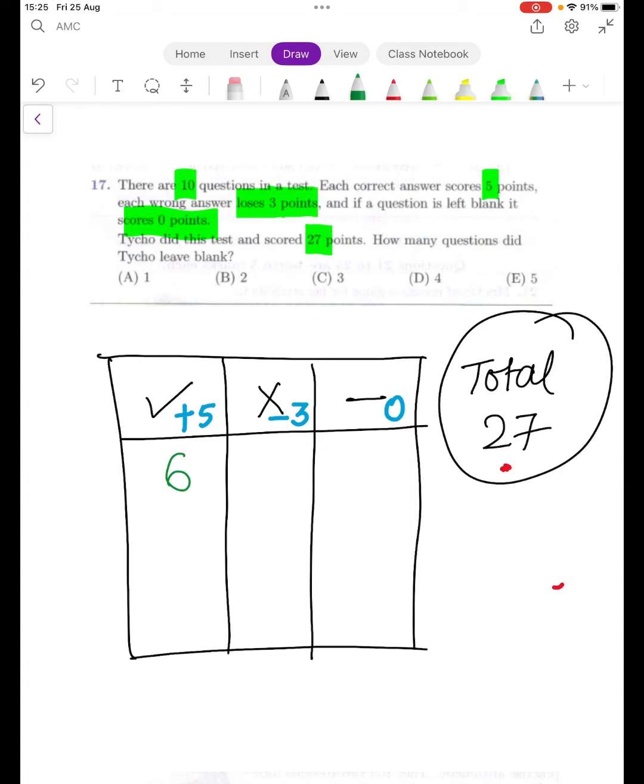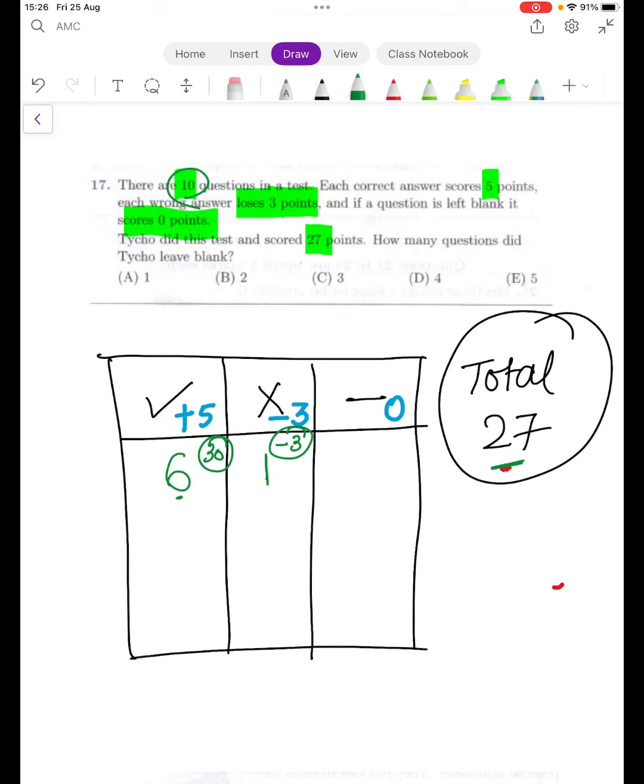If this was 6 times 5 is 30, so he can score 30 points here. But remember, our final score is 27. That means he has to lose 3 marks to get a score of 27. If he has to lose 3 marks, that means one question must be wrong, so that will get -3.